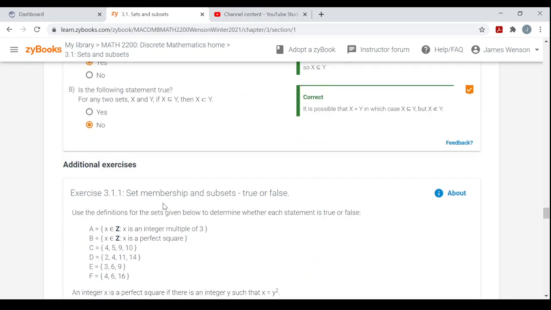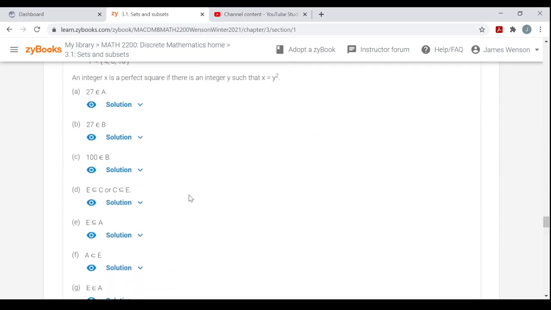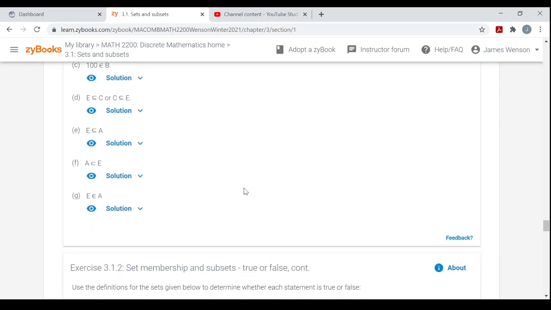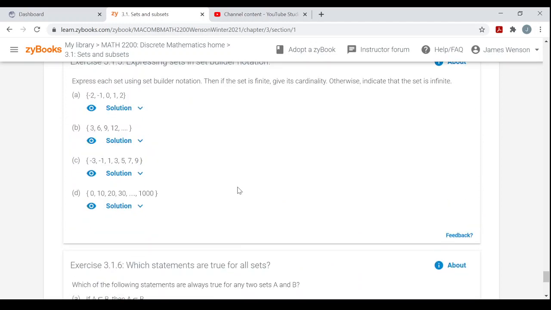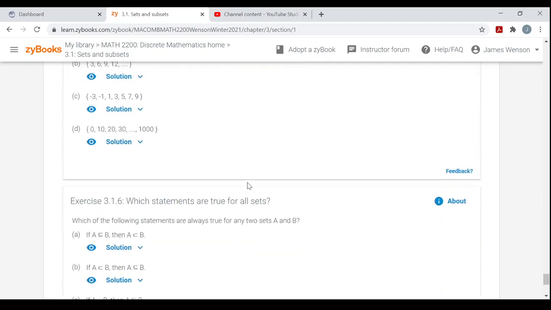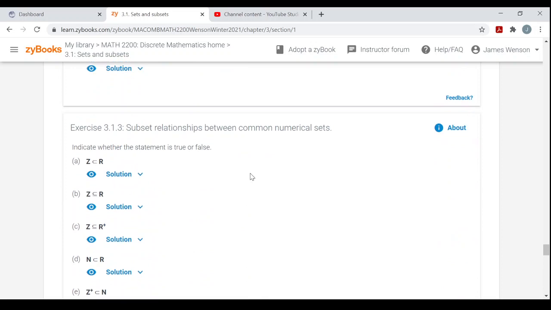And then you have your additional exercises. Again, lots of definitions and vocabulary and notation in this section. Some of these are in your assignment 3 that you're going to upload to me. Some of them are not.